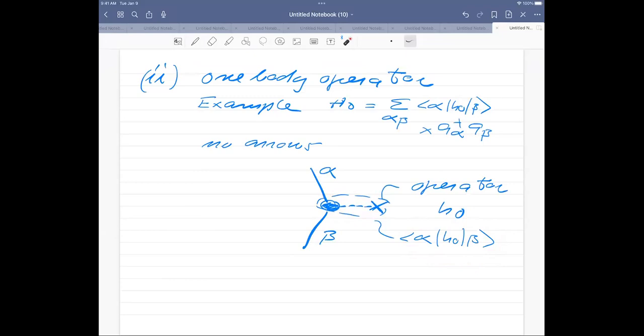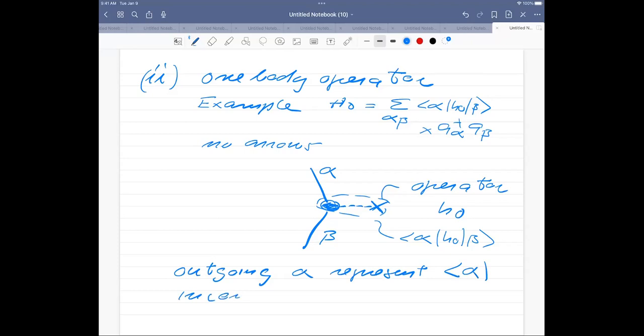So what you would say then is that the outgoing state alpha represents this specific term, and the incoming state beta represents this state here.